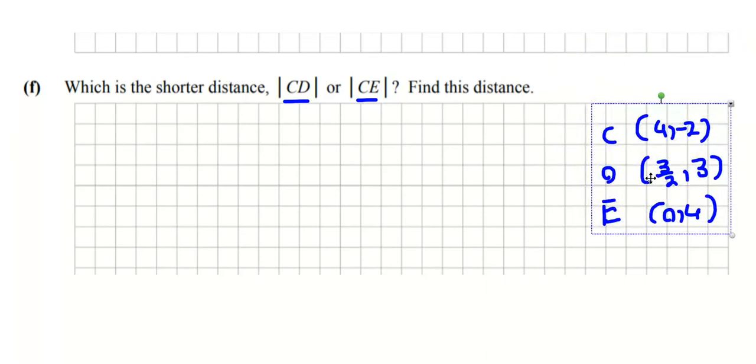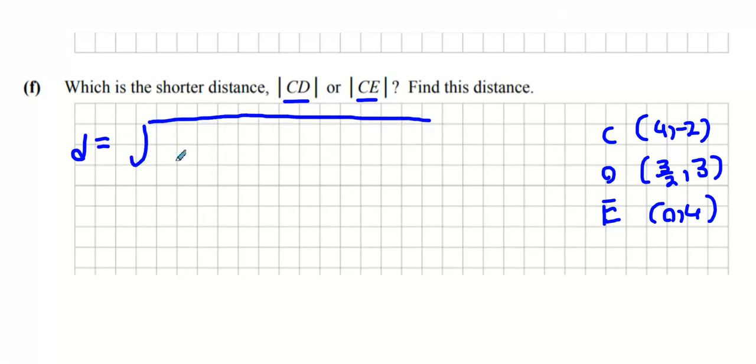So we're going to use the distance formula, which is D equals square root of x2 minus x1 squared plus y2 minus y1 squared. Now we're going to do CD first.